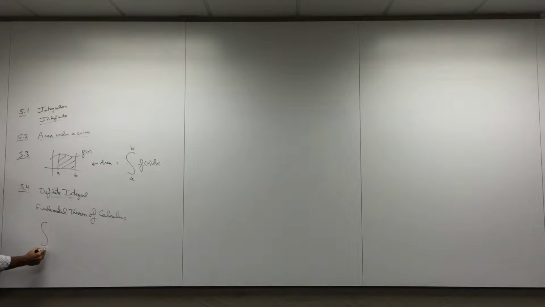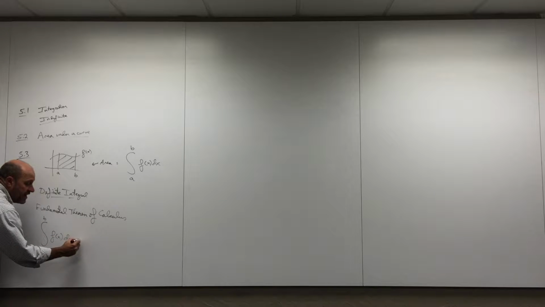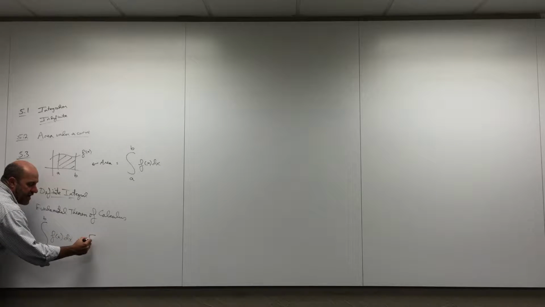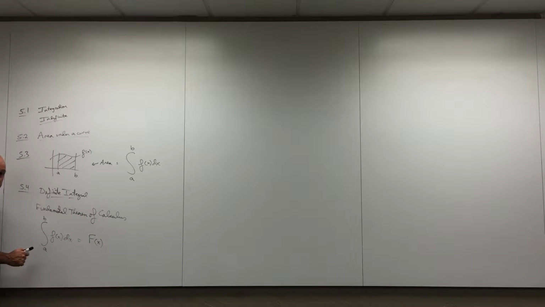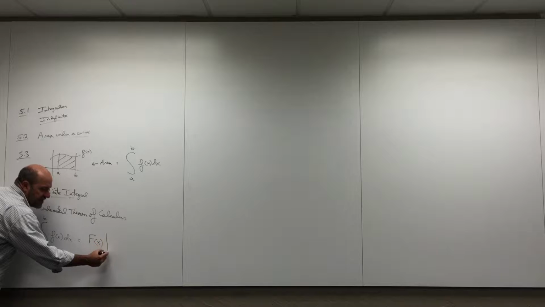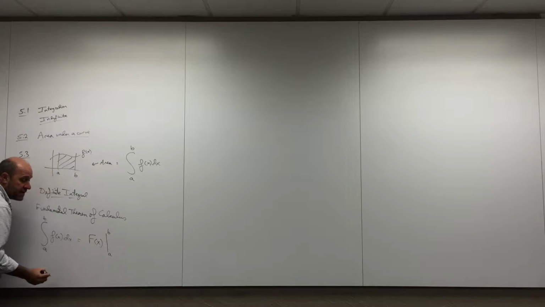If you're trying to do an integral with bounds on it, it's called a definite integral. So what you do is you do the antiderivative. The antiderivative, just kind of in general or abstractly here, we call it capital F of x. So you do the antiderivative, and then we put this little evaluation bar here. We evaluate from a to b.